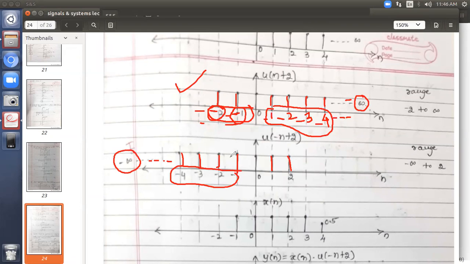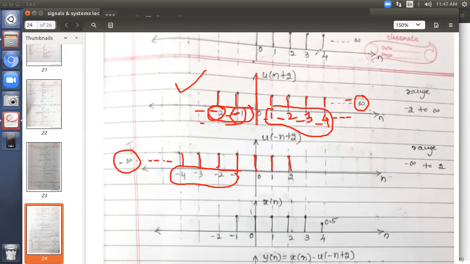I have left 0. You see, it is actually the center part. Even if you take the mirror image of 0, -0 is the same as 0. So draw that also. This is one mistake which I have observed while I was checking your homeworks. Many times, many students remove this. They forget to put any amplitude at 0. Don't do that.